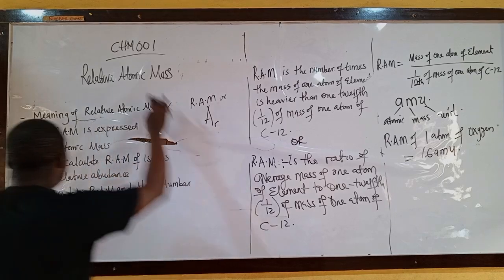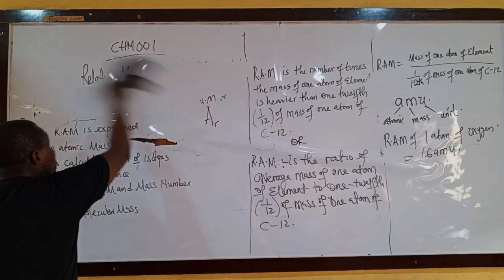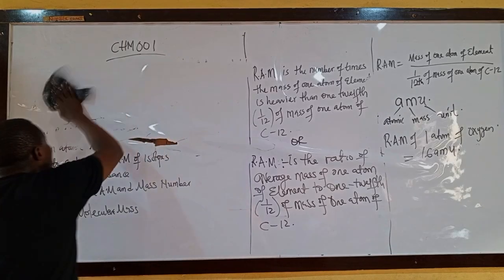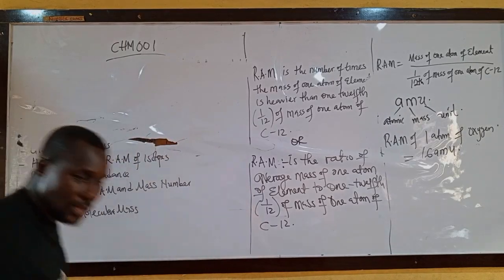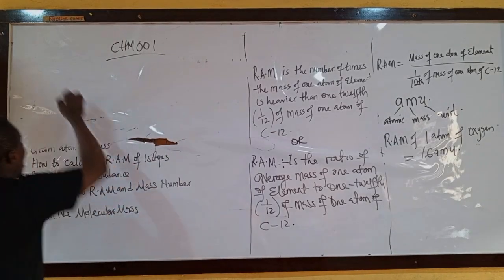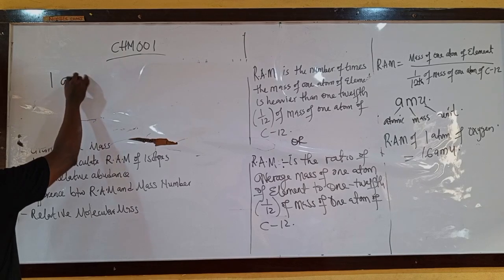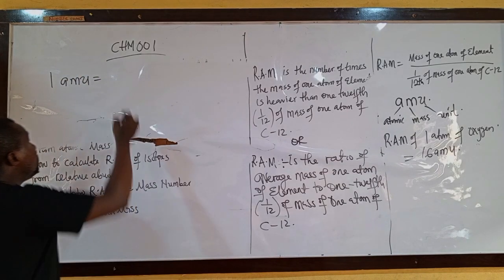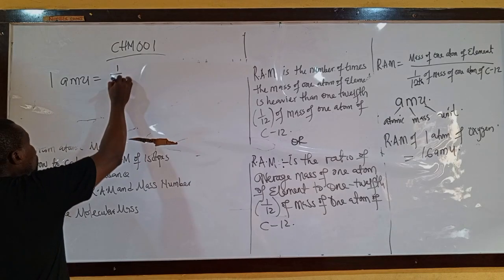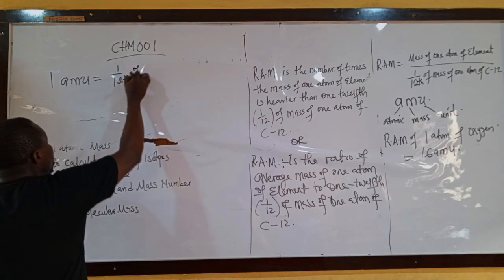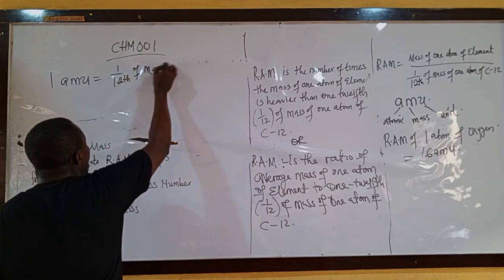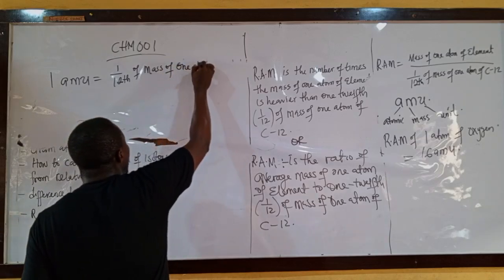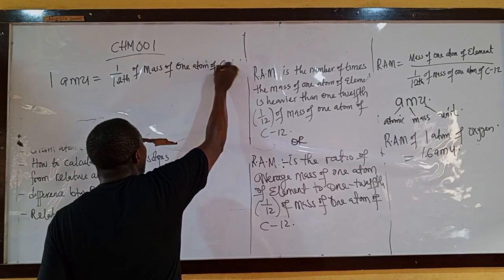Then let's move further. Take note of this. What is 1 AMU? 1 AMU is the same thing as 1/12 of mass of one atom of carbon 12.